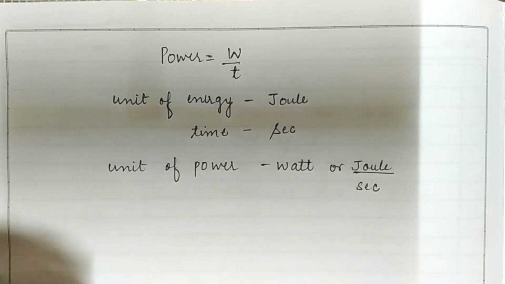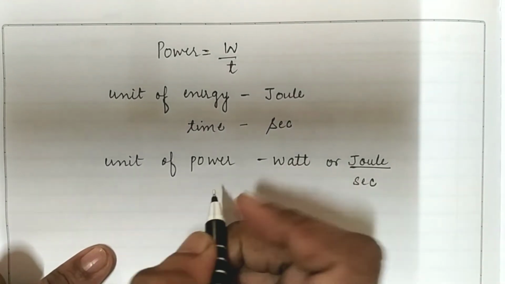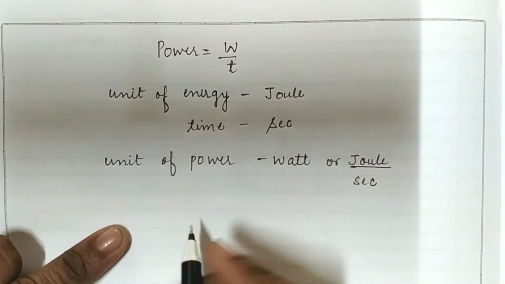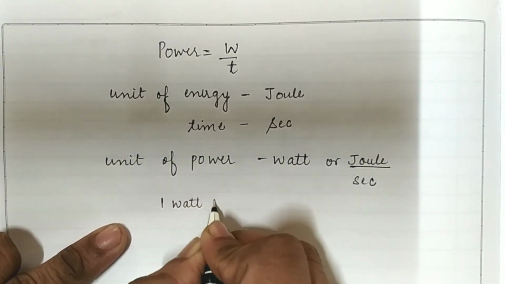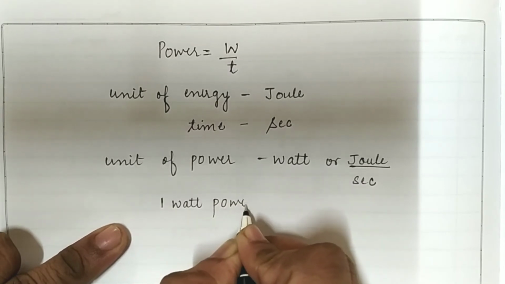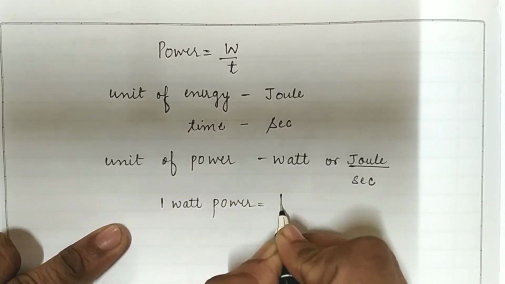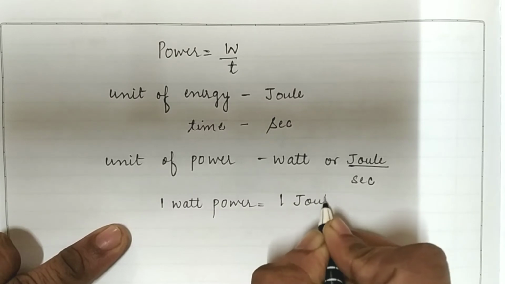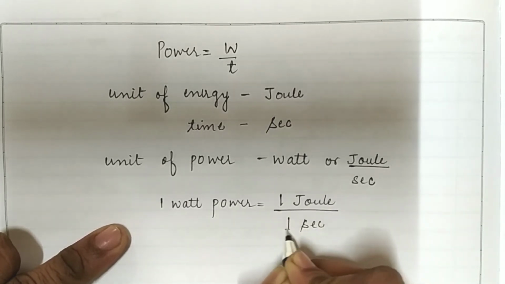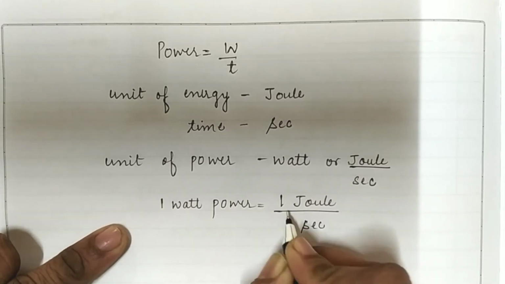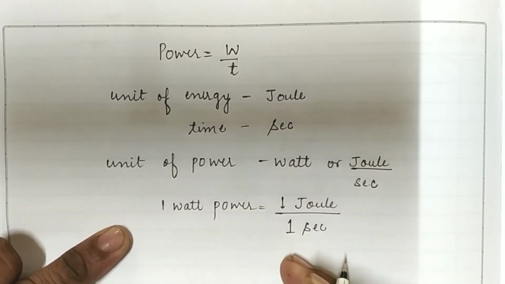And children, 1 watt power means that 1 joule of energy is consumed for 1 second in an electric circuit.